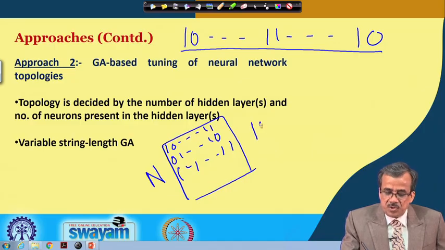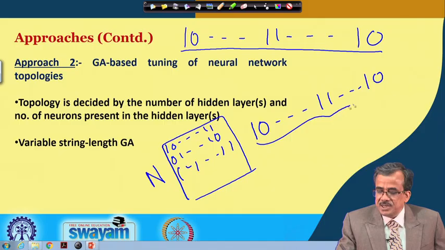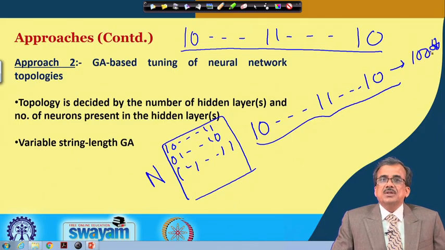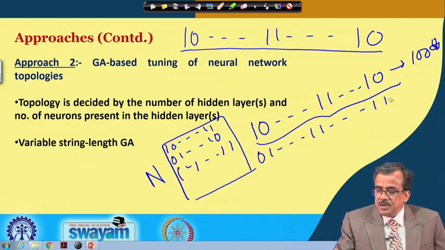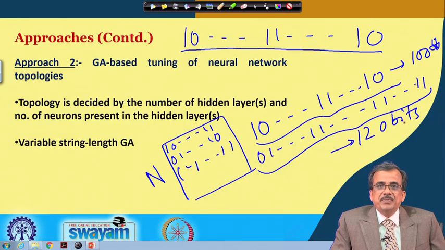So, the GA string may look like this, with 100 bits, and the next GA string may have, say, 120 bits. So, there could be another GA string here which may have 120 bits. Now, one GA string is having 100 bits, another is having 120 bits.